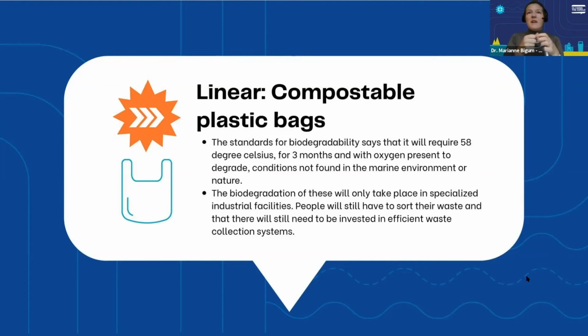And even if it would, it wouldn't be instant, and it would still cause harm to the animals in the environment. So with compostable plastics, you still need an efficient collection of these materials, bringing them back to an industrial composting facility. It won't biodegrade in a biogas facility, it has to be a composting facility.